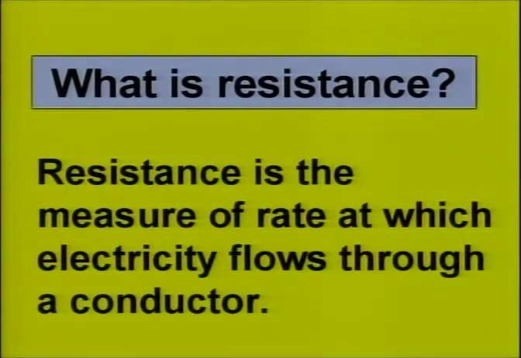Now, when you go through, you will know that there are conductors and insulators. Conductors are those substances that will allow electricity to flow through quite easily. But sometimes you find that among these conductors there are poor conductors and also very good conductors.